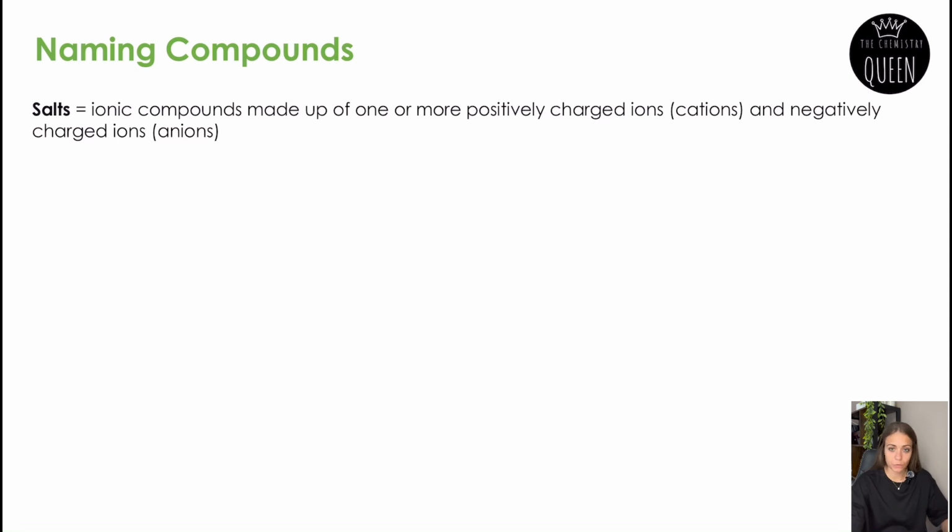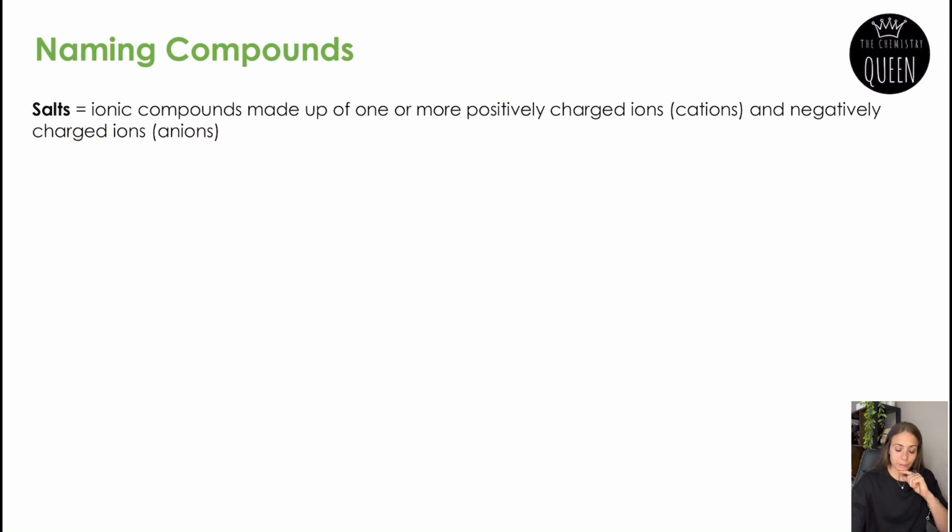Now you should be familiar with this term, but salts are basically ionic compounds made up of one or more positively charged ions that we call cations and negatively charged ions that we call anions. So if we have a positive ion and a negative ion within the compound, that's going to form ionic bonds. So it's going to form an ionic compound, and these are called salts.